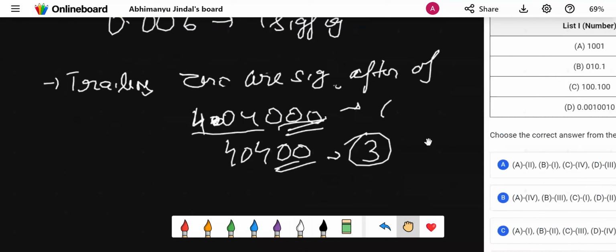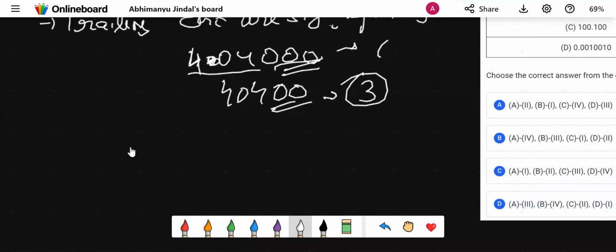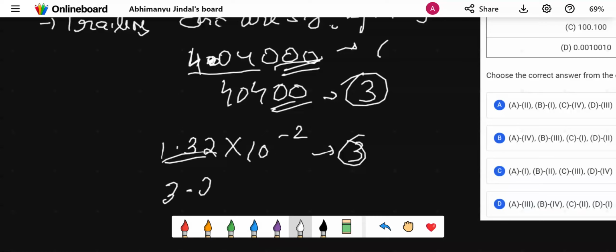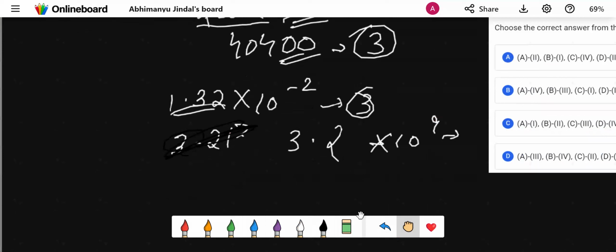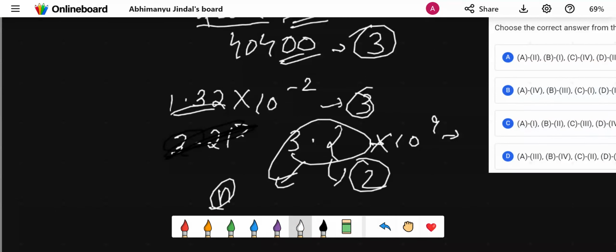And in exponential numerical values, the sig figs are the ones in the numerical part. So if it's 1.32 into 10 to the power minus 2, sig figs are 3. Look at this. If it's, let's say, 3.2 into 10 to the power 9, here the number of sig figs is 2, because this numerical part right here is the one which contains sig figs.